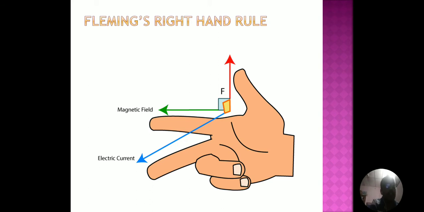Then the forefinger indicates the magnetic field, the middle finger indicates the direction of the electric current, and the thumb indicates the direction of rotation of the conductor.